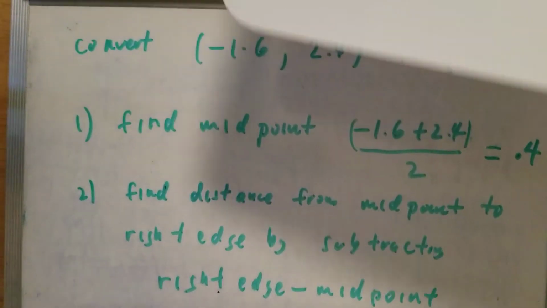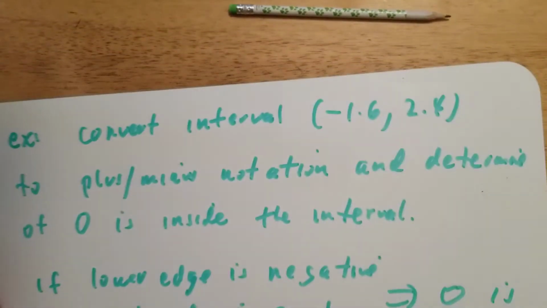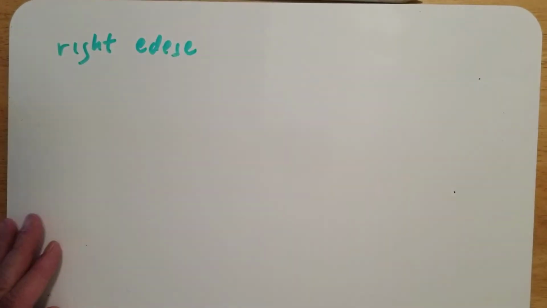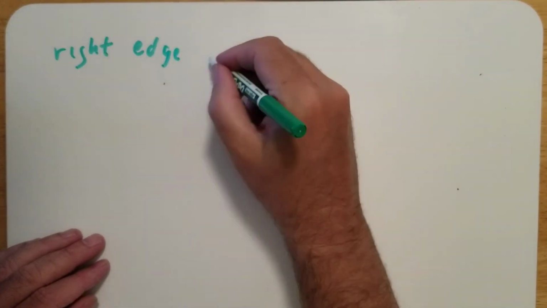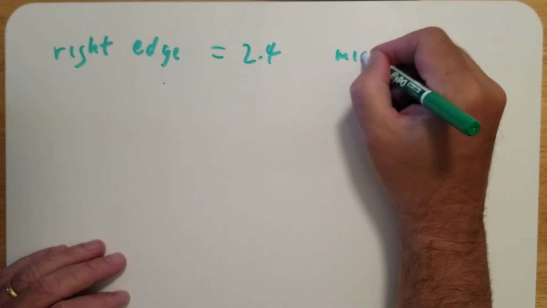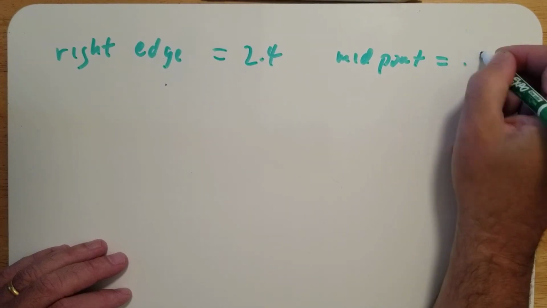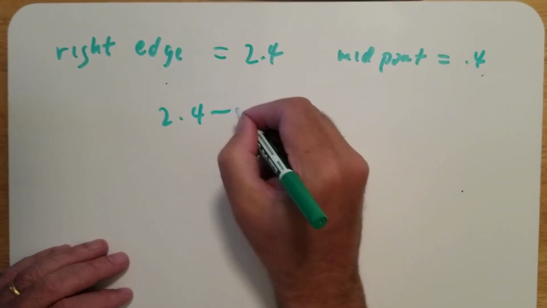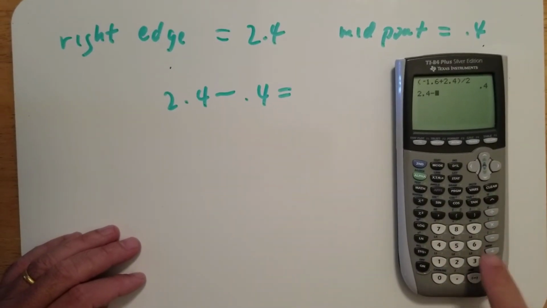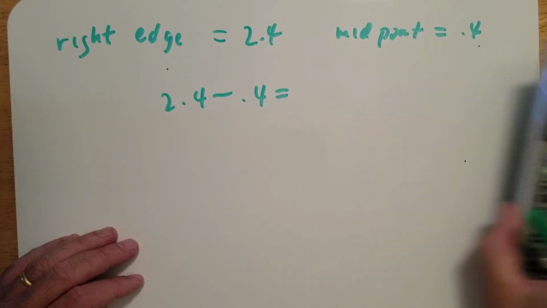So in this example, the right edge was 2.4. The midpoint was 0.4. So the right edge minus the midpoint, 2.4 minus 0.4 is 2.